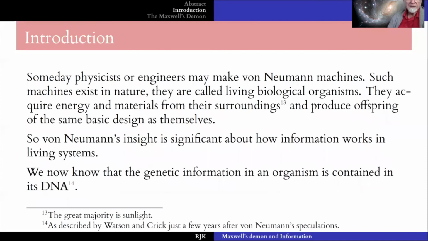So someday, nobody's made a von Neumann machine yet, but someday physicists or engineers may make one. But those kinds of robots exist in nature. They're called biological organisms. They acquire energy and material from their surroundings, the great majority of which is sunlight, but they also use sugars and many other things in their surroundings, and produce offspring with the same basic design as themselves.